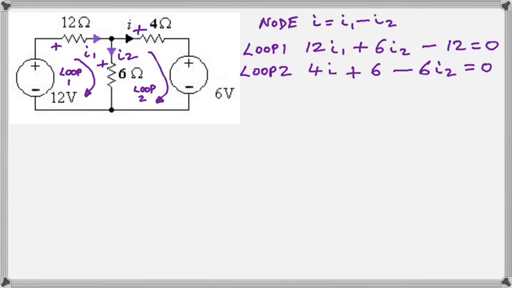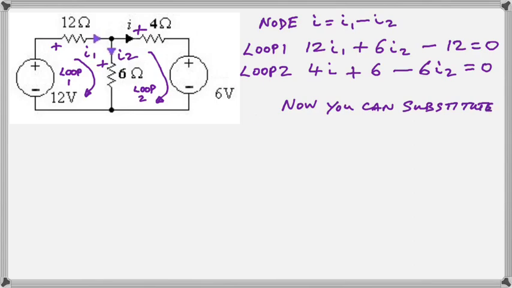Now, what do we want? We want to find I. And we actually have 3 unknowns, but 2 equations. So what we're going to do is we have enough information that we can substitute here and get 2 unknowns.